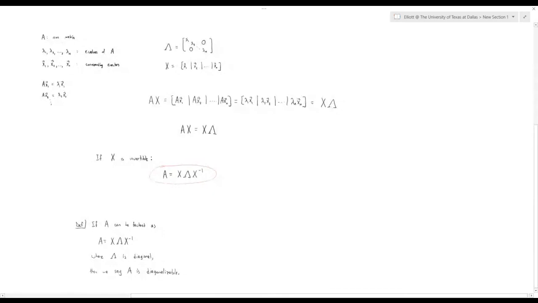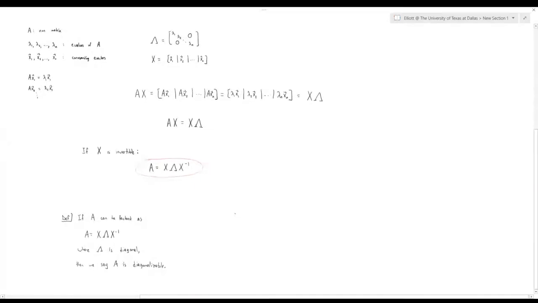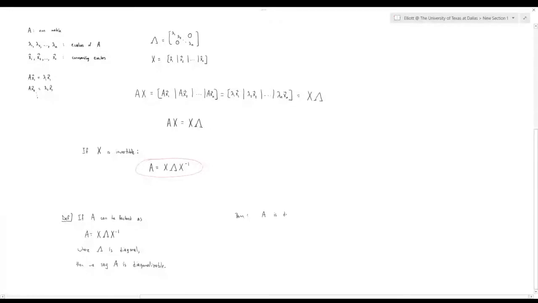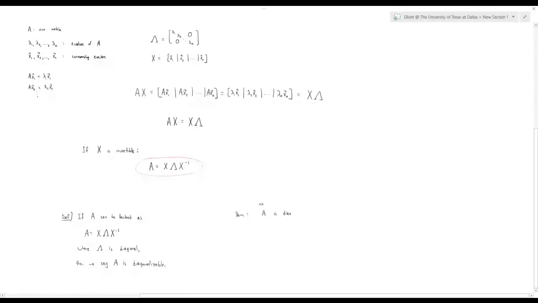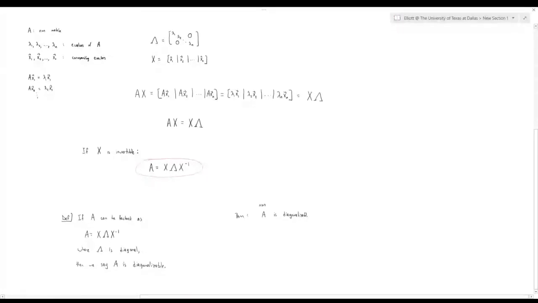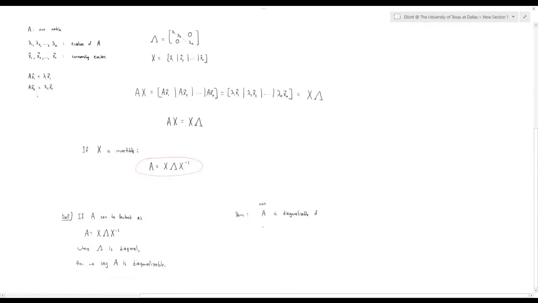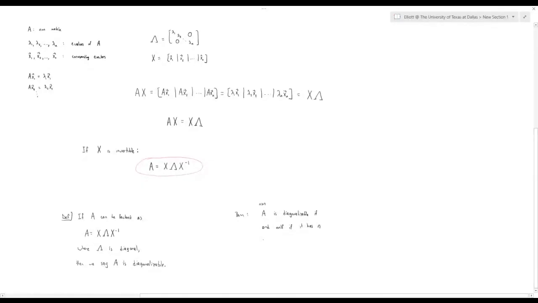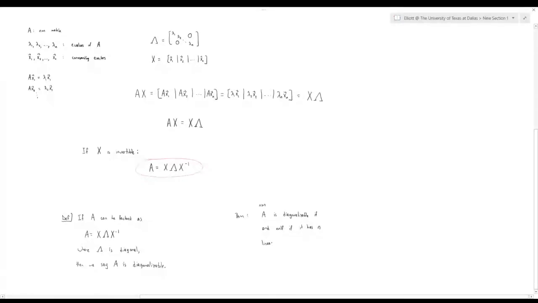So you get this observation from what we did up here: for a matrix A, let's say it's an n by n matrix, it'll be diagonalizable if and only if it has n linearly independent eigenvectors.